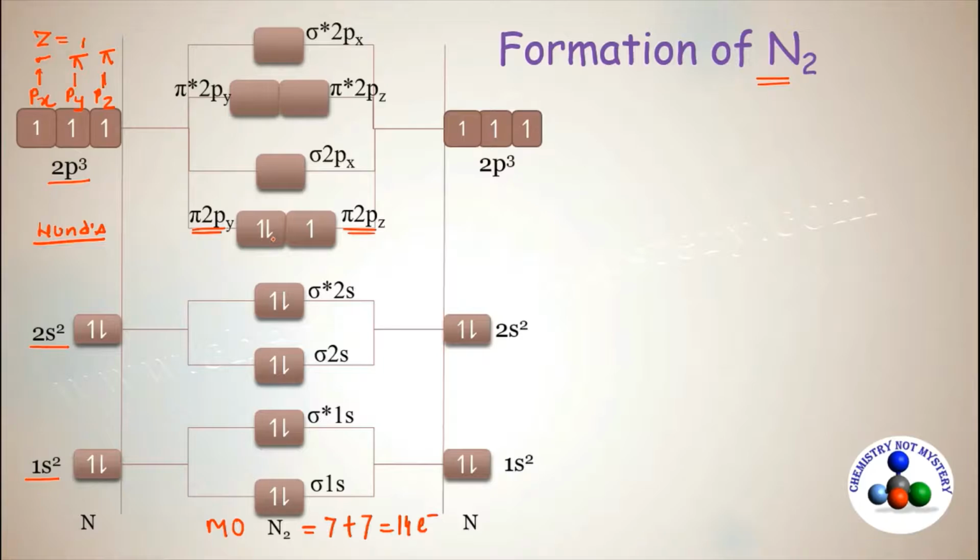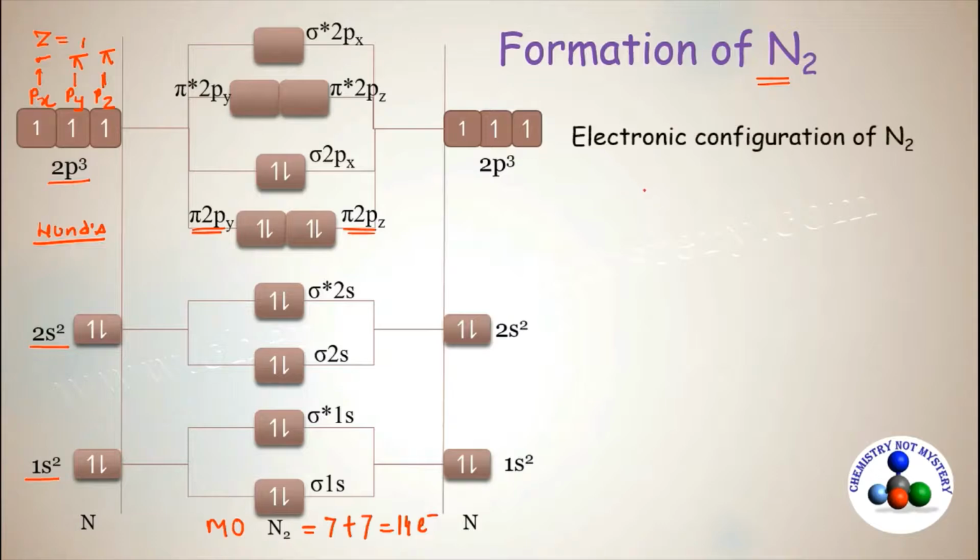The next electron will be filled in the pi 2py molecular orbital, and another electron will be filled in the pi 2pz molecular orbital. Now calculate how many electrons we have filled so far. So 2 plus 2 is 4, plus 2 is 6, plus 2 is 8, and plus 4 is 12 electrons we have filled in. Now the remaining 2 electrons will be filled in the sigma 2px molecular orbital.